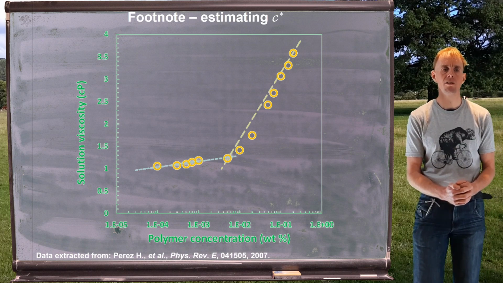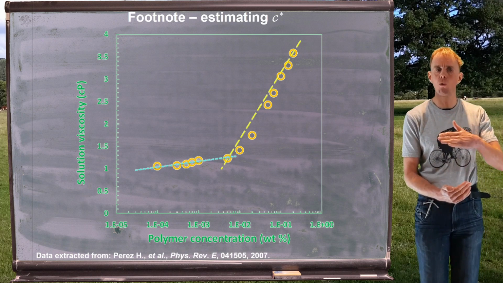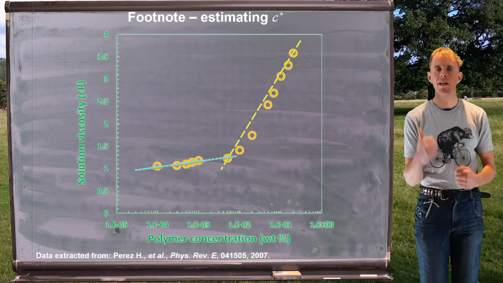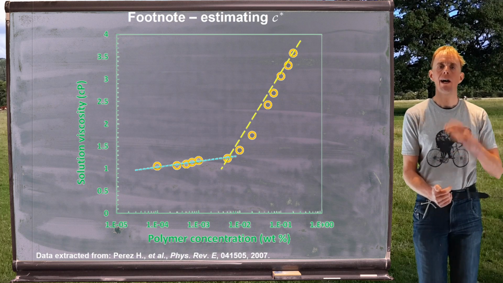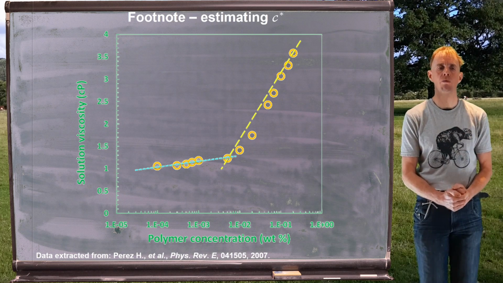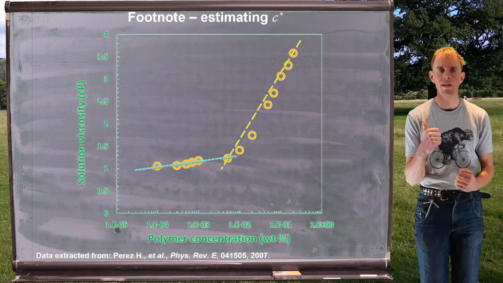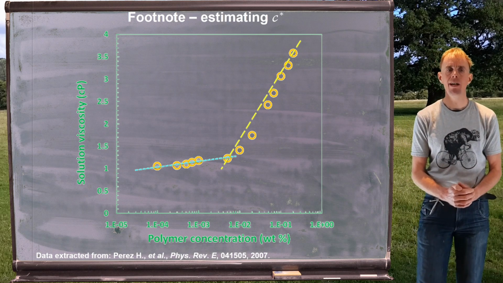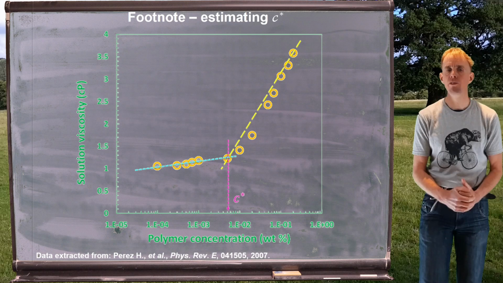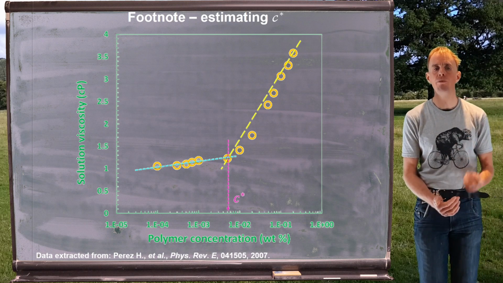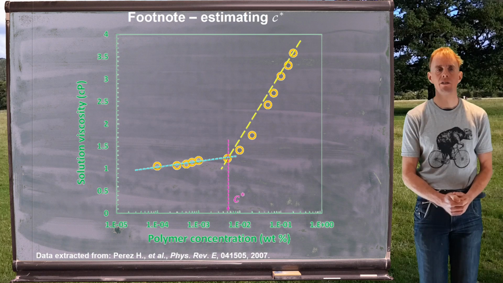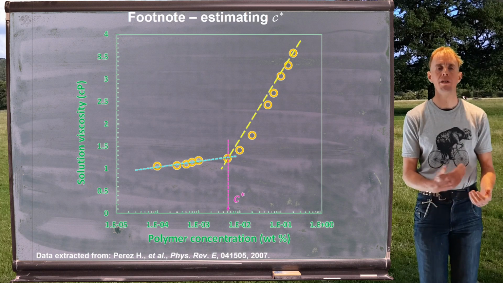And so we can see that there's sort of a power law behaviour at low concentration, that's the blue dashed line, and a different kind of power law relationship at higher concentration, the yellow dashed line. And it is the intersection of these two power law regimes that gives us C star. So that's one way that C star can be found experimentally for a given polymer solvent system.